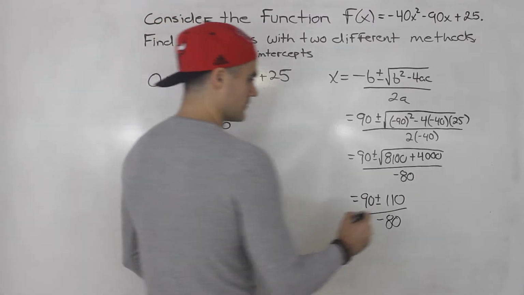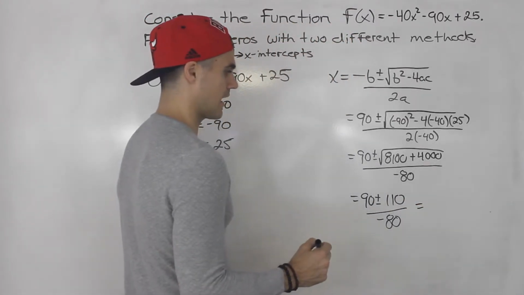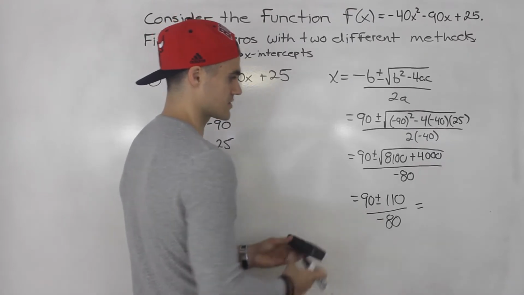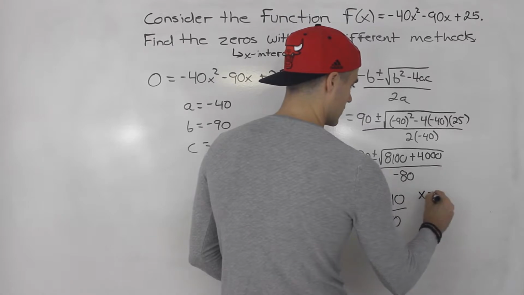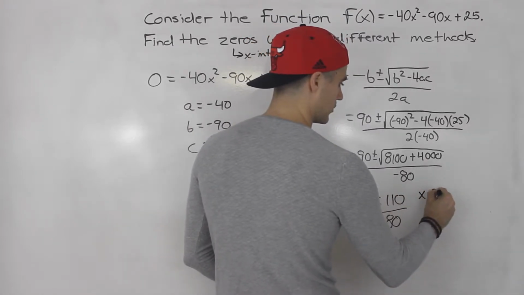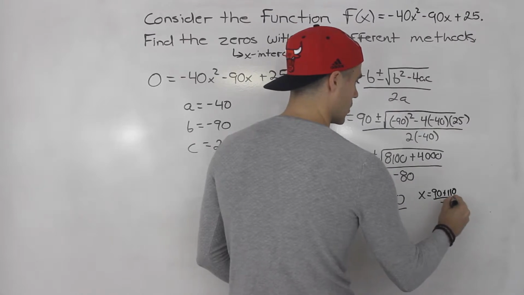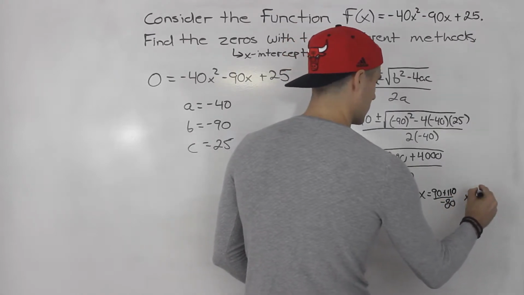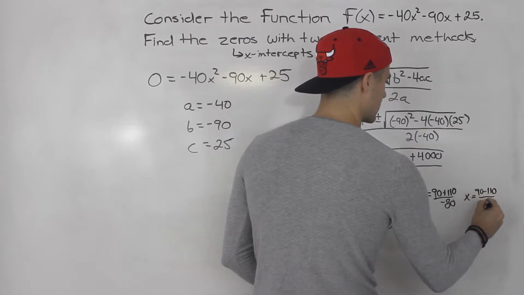Right? So from here, we can find the two cases. So basically, the two x-intercepts is either going to be 90 plus 110 divided by negative 80, or 90 minus 110 divided by negative 80.